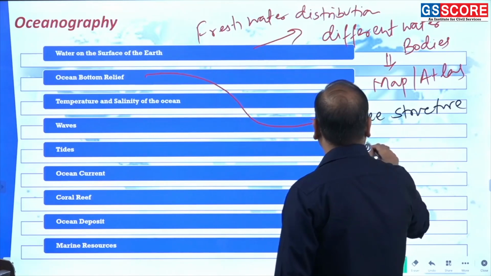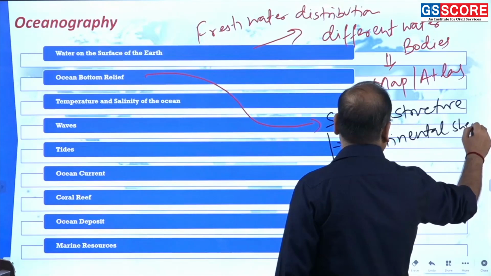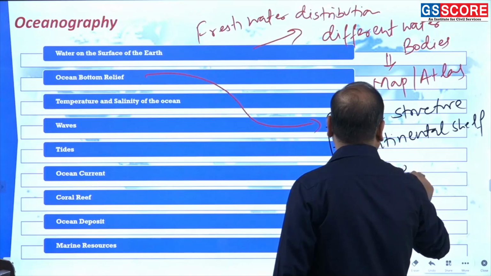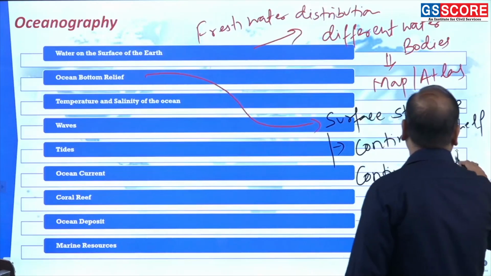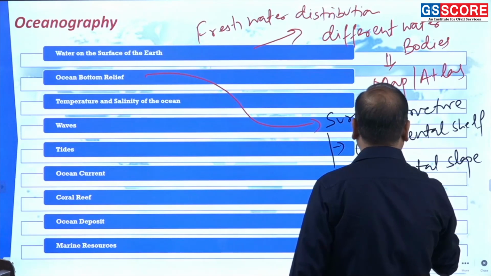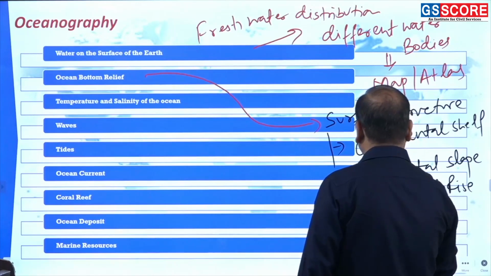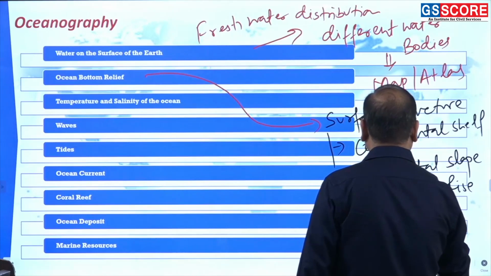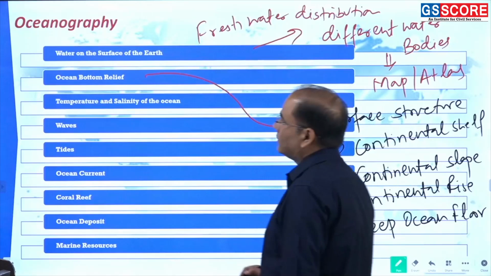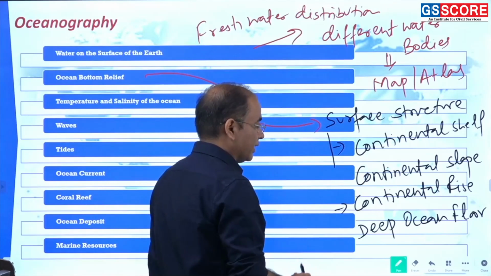Here come the different landforms present: continental shelf, continental slope, continental rise, and then deep ocean floor. Under the ocean bottom relief, these are the topics that you are supposed to study.